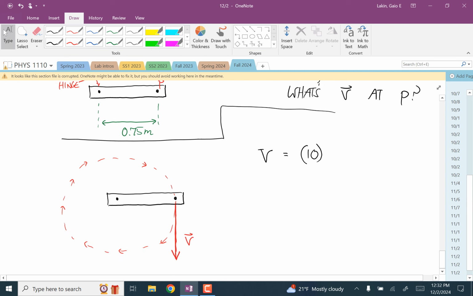Okay, so 10 times 0.75. And so we're going to get a speed of 7.5 meters per second. Since we know the direction is in the negative y, our velocity vector is 0, -7.5.